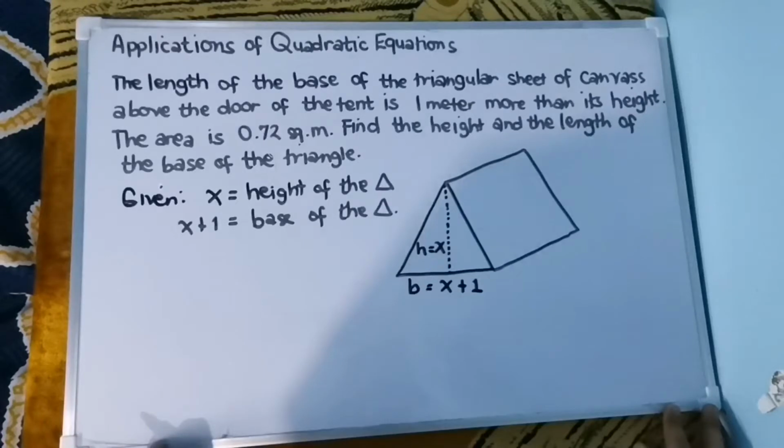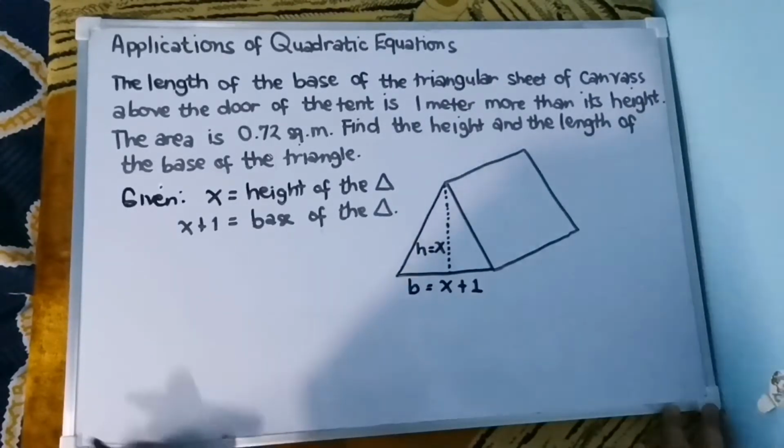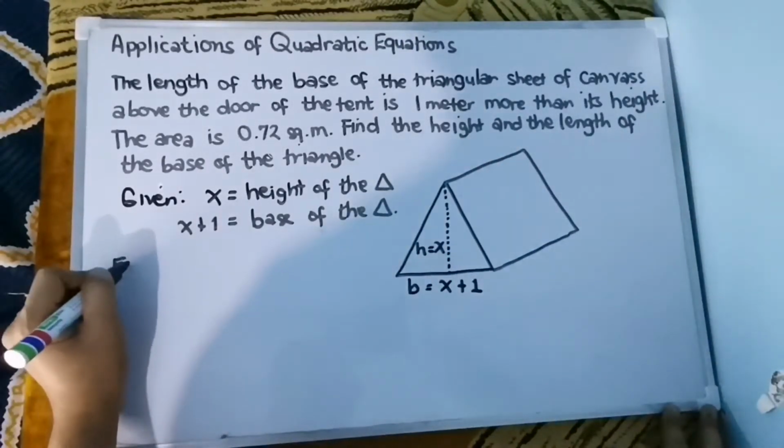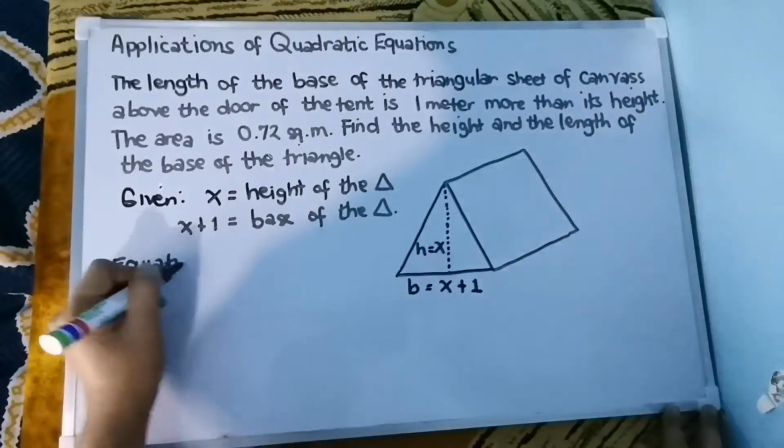What is asked in the problem? We are asked to find the height and the length of the base of the triangle. And then after that, we are going to write the equation that we are going to solve.